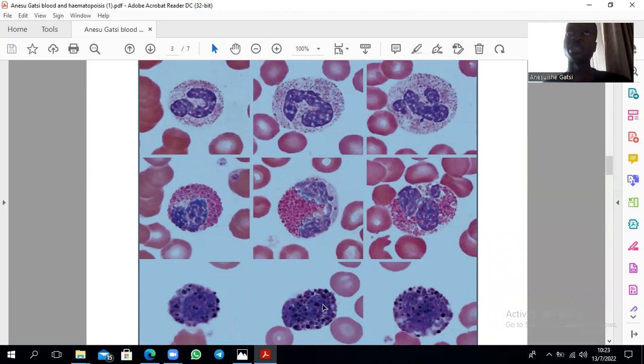Right. That's what differentiates them from monocytes and lymphocytes. The monocytes and the lymphocytes will also have the azurophilic granules, which are basically lysosomes. Right?